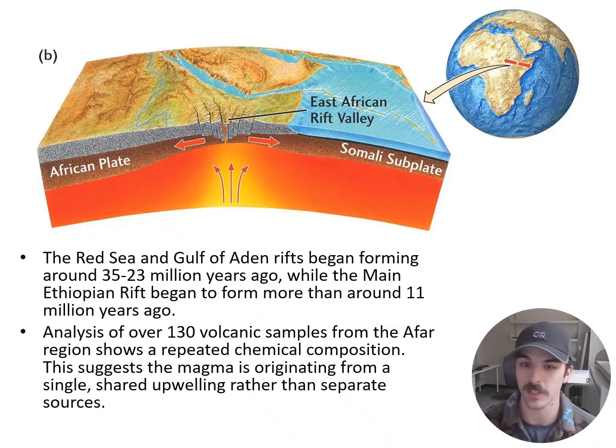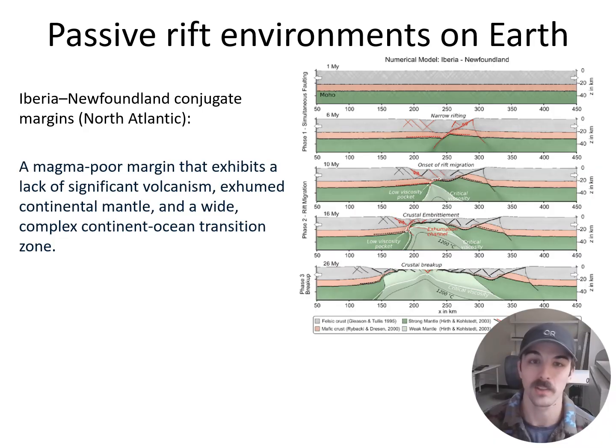So not only do we know it's an active rift, but we're also able to determine through the chemical composition of the rocks there that these are all coming from a single magma source. So it's a pretty neat geologic environment where we have this one massive mantle plume causing a triple junction in that region. Pretty cool stuff. Let's then look at an environment here on Earth where passive rifting is occurring.